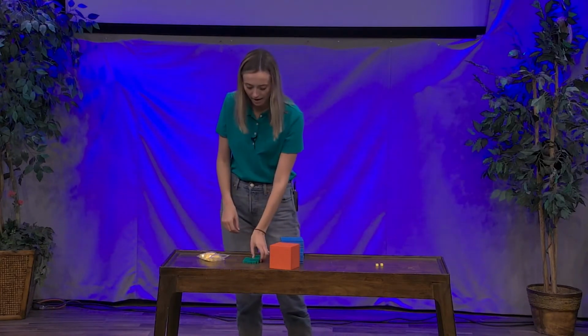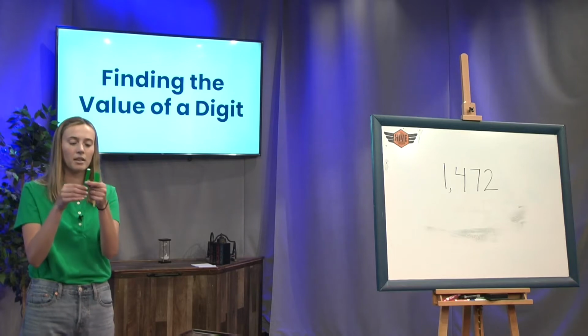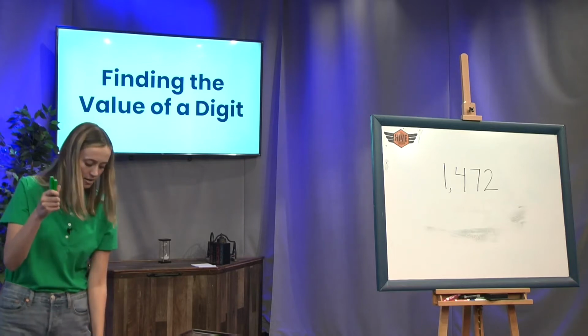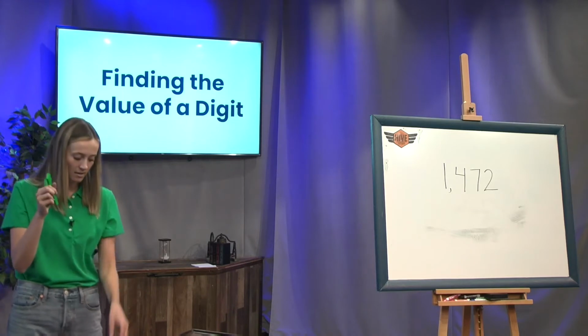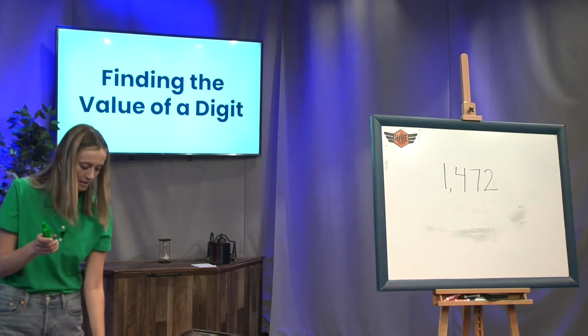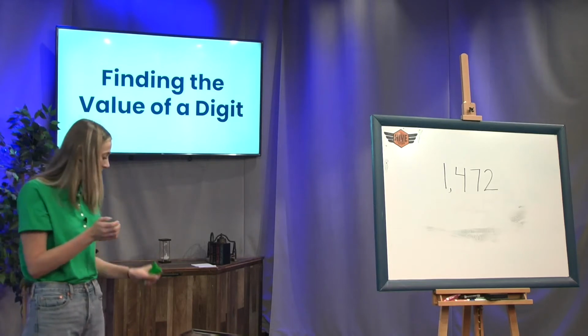What is the value of that 7? The value of that 7 is 70. So each of these has 10 blocks. So if I have 10, 20, 30, 40, 50, 60, 70. So now I have 70 of these.